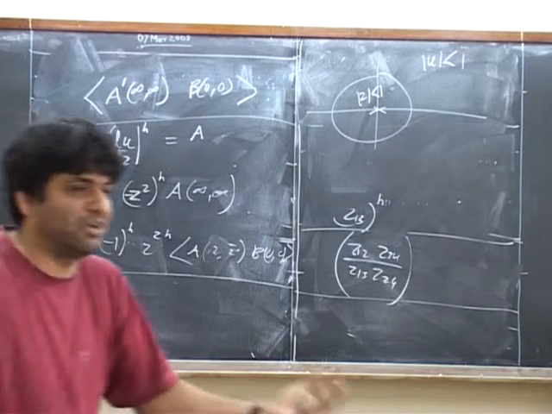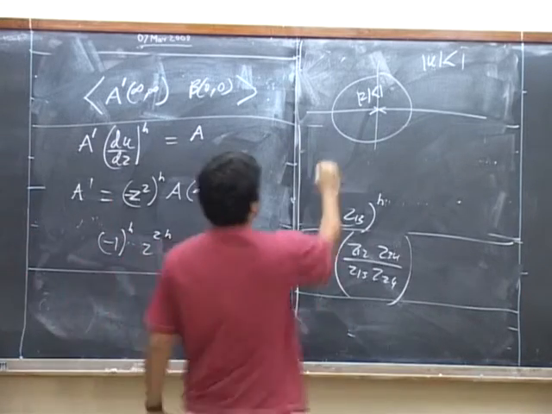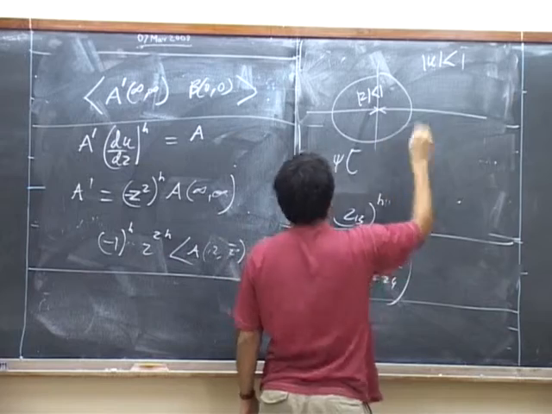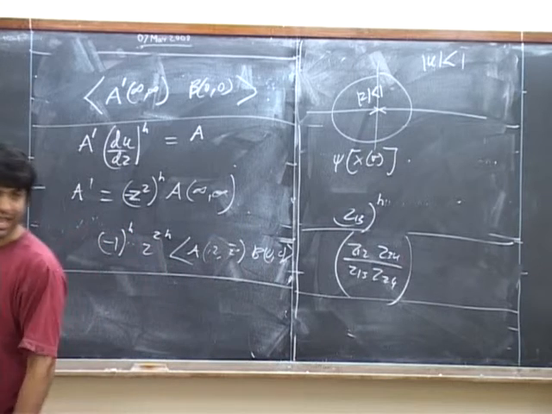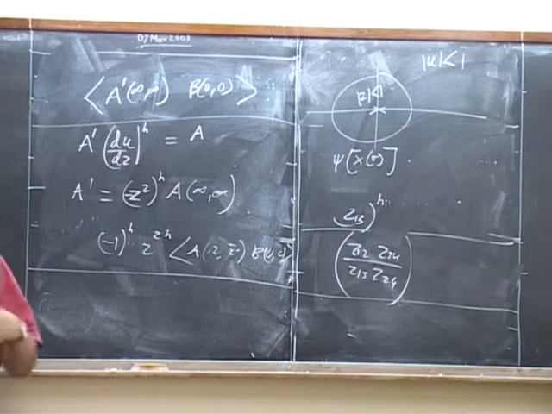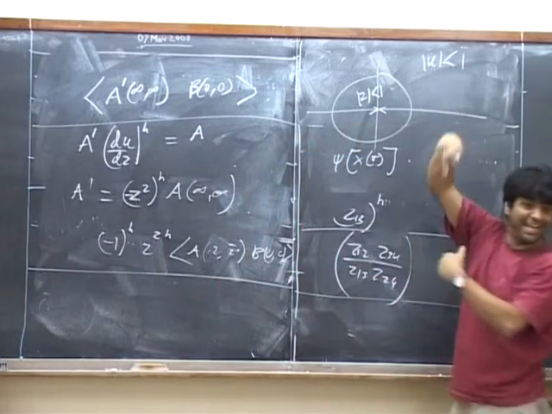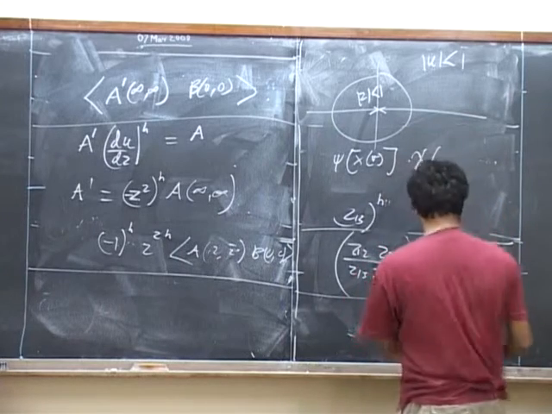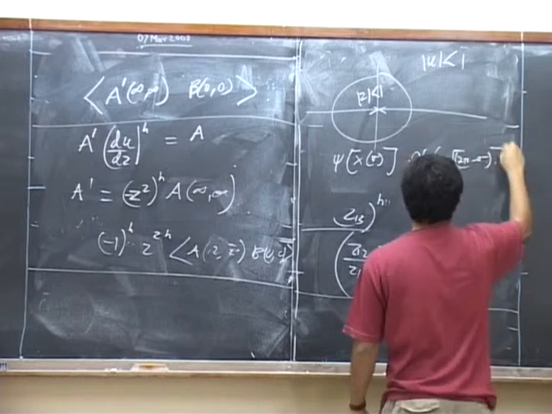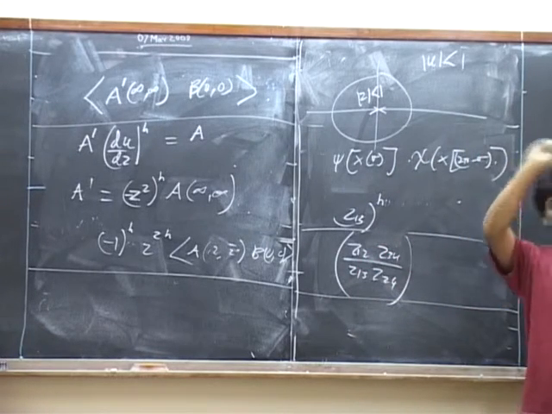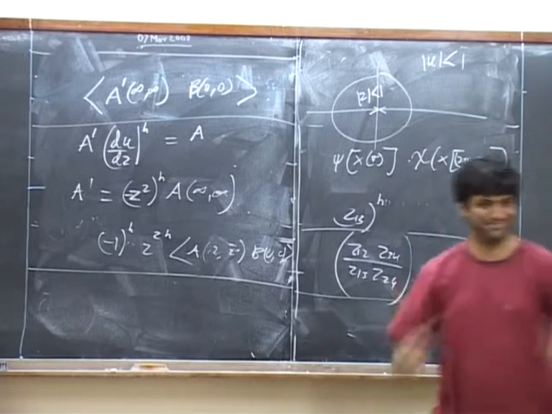It gives us the wave function corresponding to that operator. So this gives us psi of x of sigma, where x denotes the fields in the theory, for the state corresponding to the operator A. Similarly, from the other side we get chi of x of 2 pi minus sigma, because the sigma for 1 over z and the sigma for z go in opposite directions.